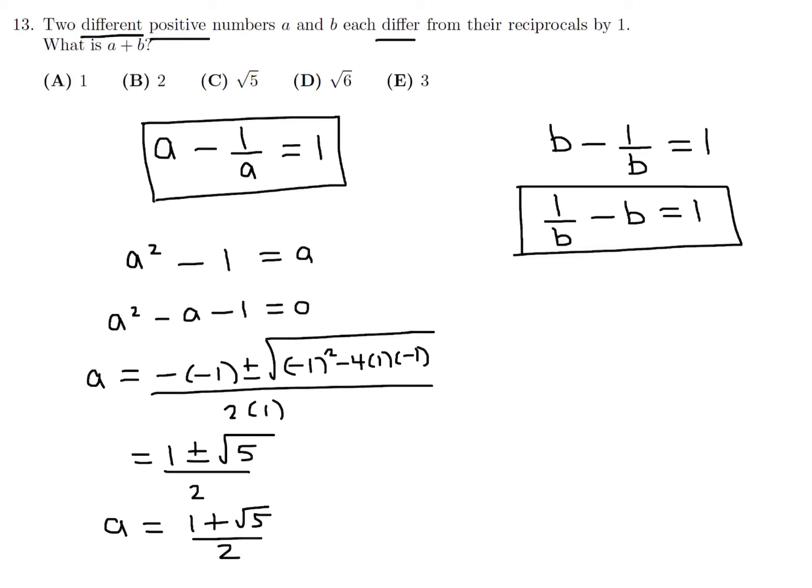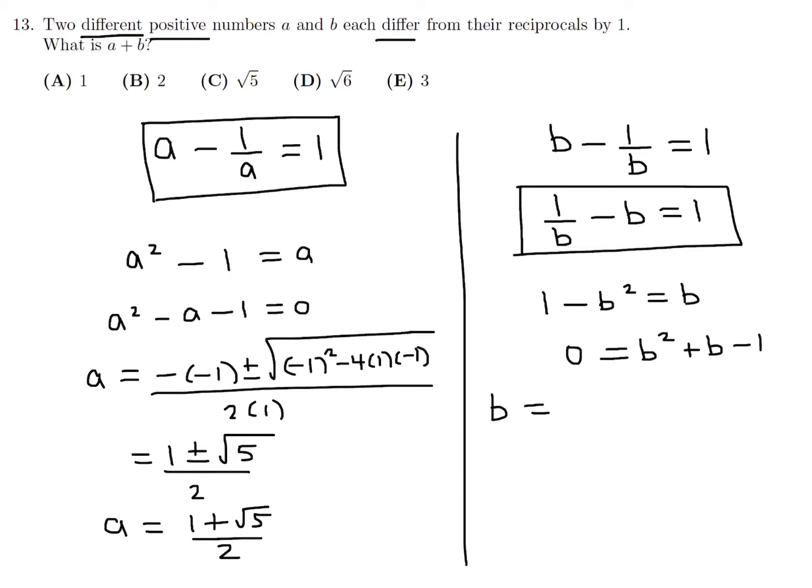Now in a very similar way, let's calculate b. Multiply through by b, and you'll get 1 minus b squared is equal to b. Put everything on one side, you get b squared plus b minus 1 is equal to 0. Use the quadratic formula. We got minus b plus or minus the square root of b squared minus 4ac all over 2a.